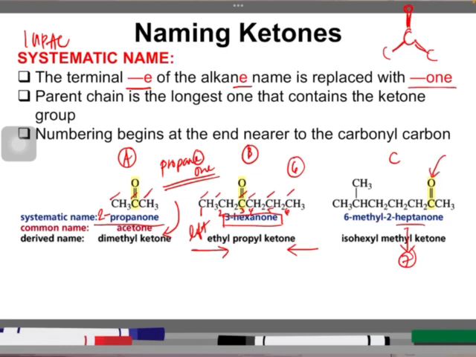So, this is 1, 2, 3, 4, 5, 6, 7. Okay. And then, at carbon number 6 of the parent chain natin na heptanone, ay merong nakakabit na isang methyl group. So, that's why the name is 6-methyl-2-heptanone. Okay? So, yung mga rules kasi, lang talaga siya, paulit-ulit lang siya.